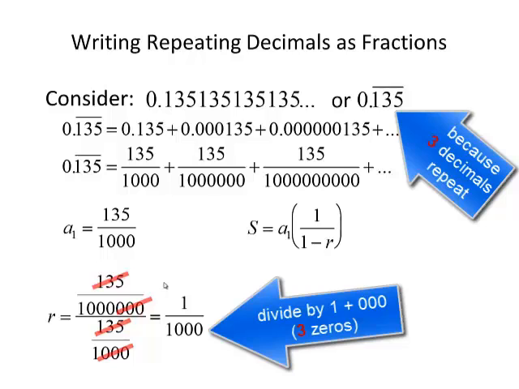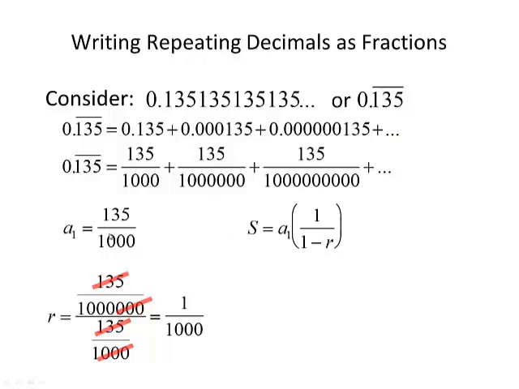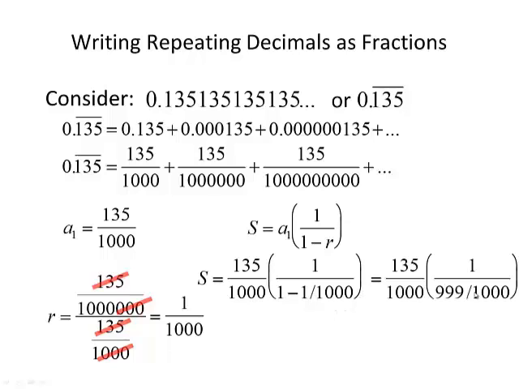Hope that makes sense. Then we can use this formula. We have the first term, and then we have R. 1,000 over 1,000 minus 1 over 1,000 is 999 over 1,000. And the 1 over that means reciprocal, so we put the 1,000 on top.